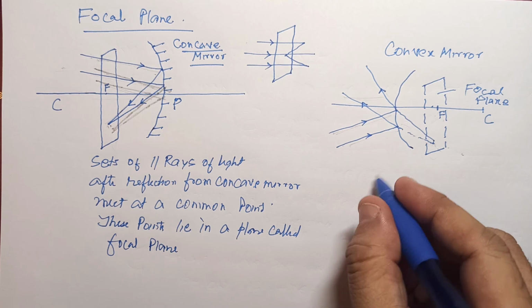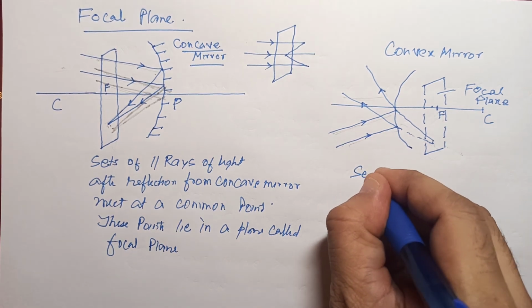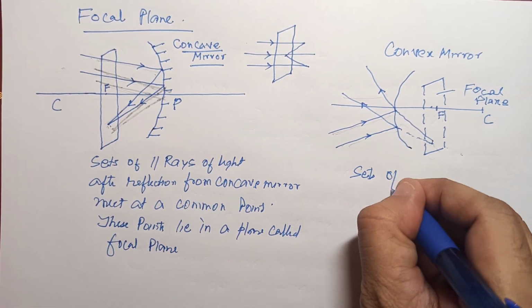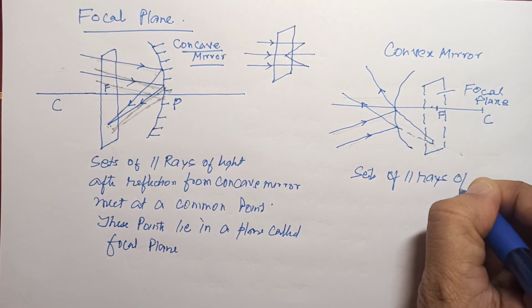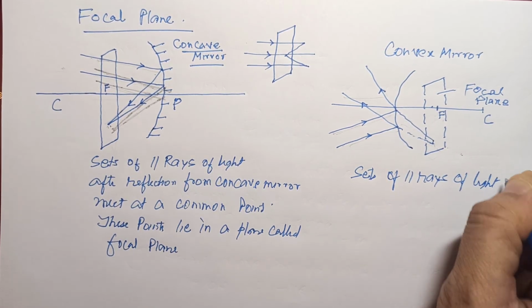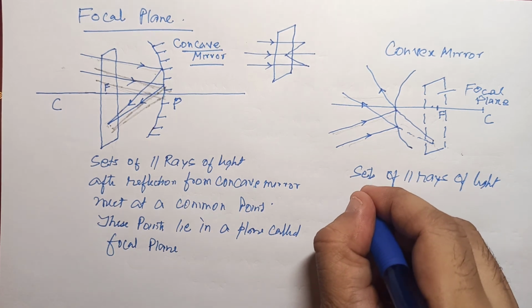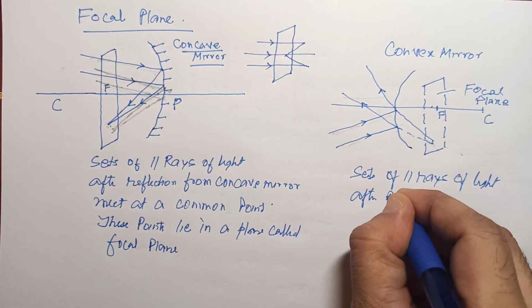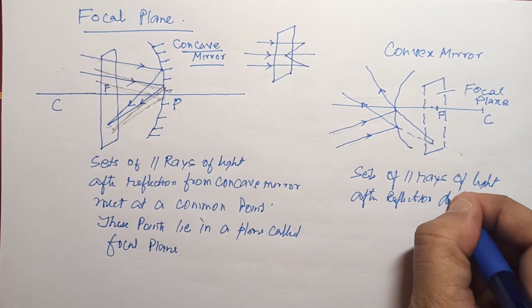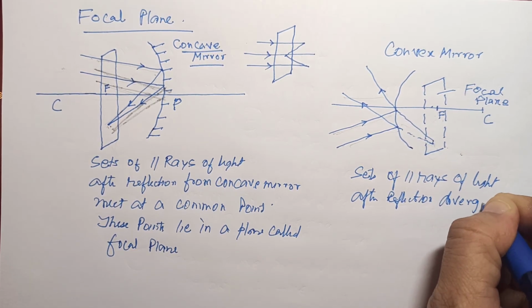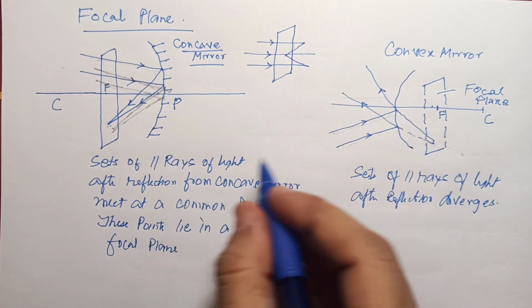If I talk about the convex mirror, again it says the same thing. Sets of parallel rays of light after reflection diverge, meaning they go backward.